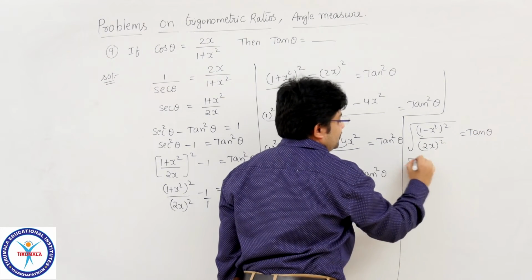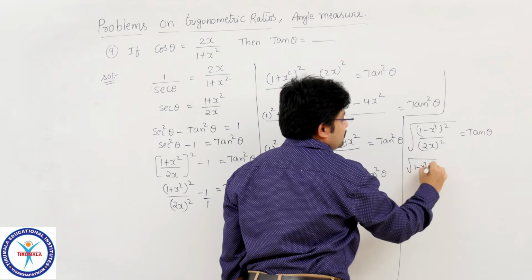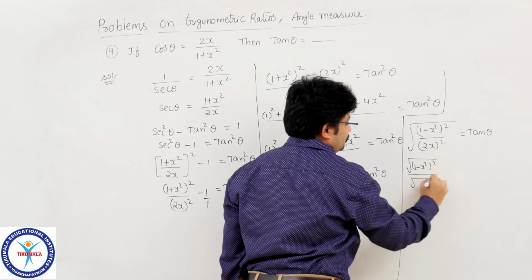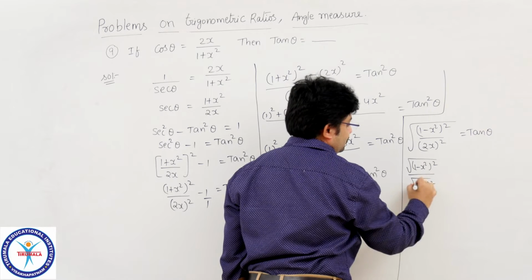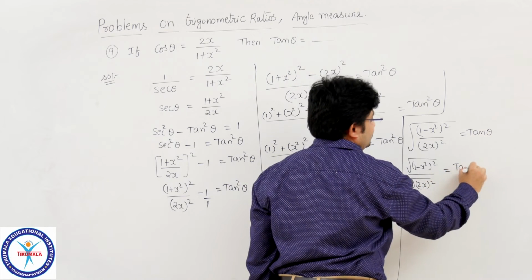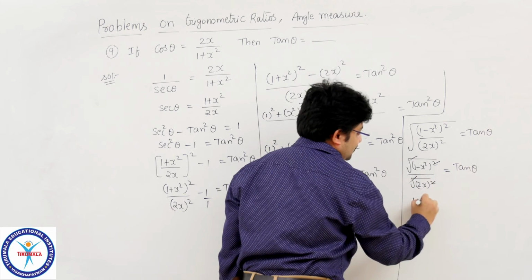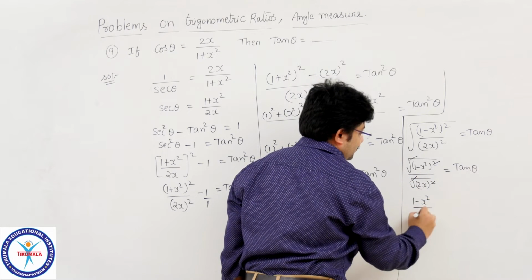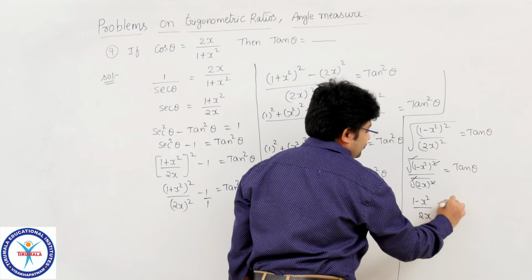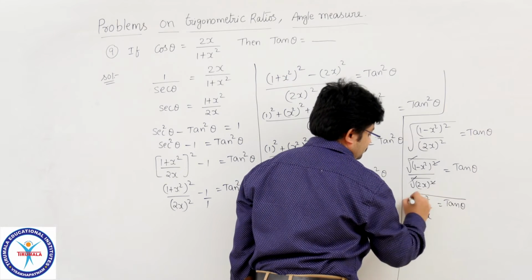Now, if you split it, 1 minus x square whole square by root 2x whole square is equal to tan theta. Square and square root get cancelled. That means 1 minus x square by 2x is equal to tan theta.